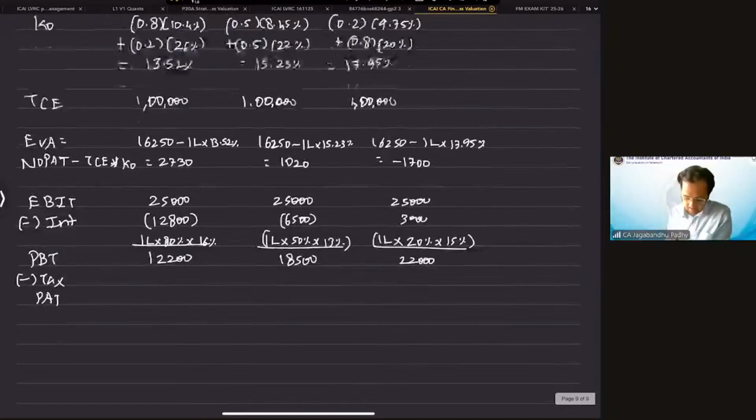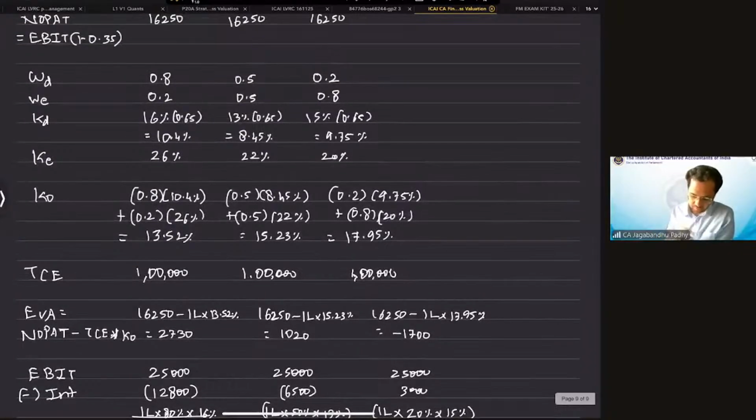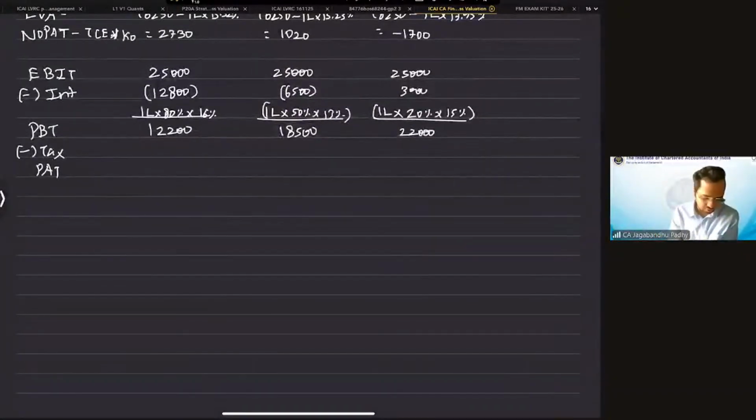The tax rate is 35%, so 12,200 into 35% is 4,270 tax. 12,200 minus 4,270 is 7,930, the profit after tax.